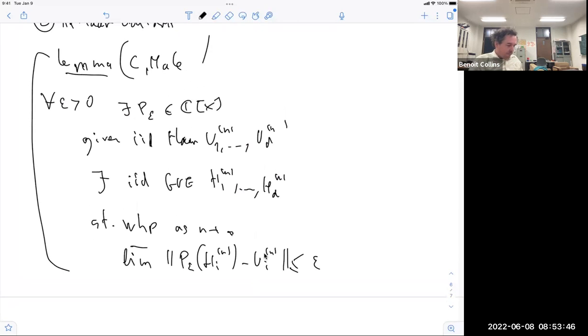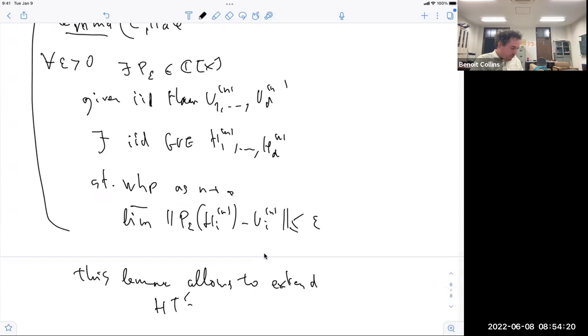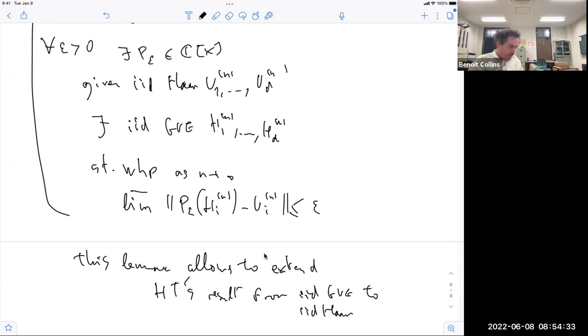So this lemma actually allows us to extend the Haagerup-Thorbjørnsen results from IID GUEs to IID Haar unitaries.